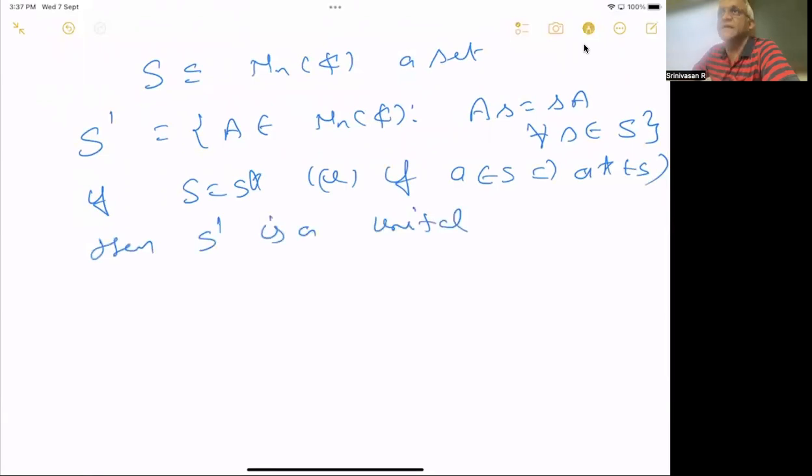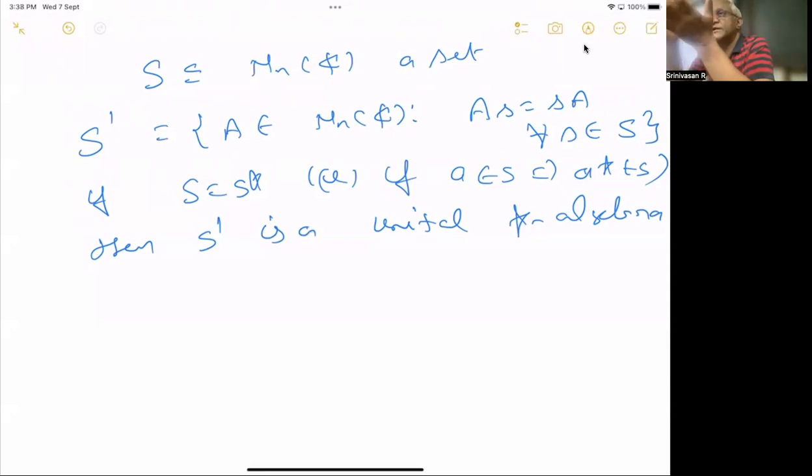It's of course an algebra. If something commutes with some element, then its scalar multiple also commutes with that. And if A and B commute with S, A plus B also commutes with S. So S prime is an algebra.